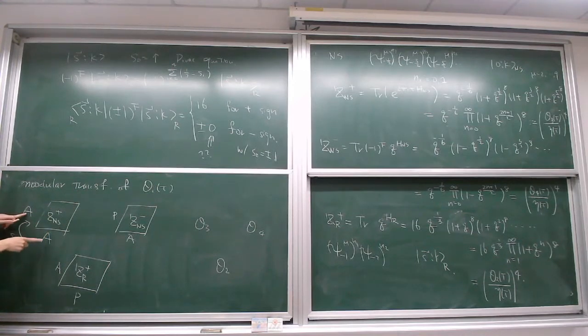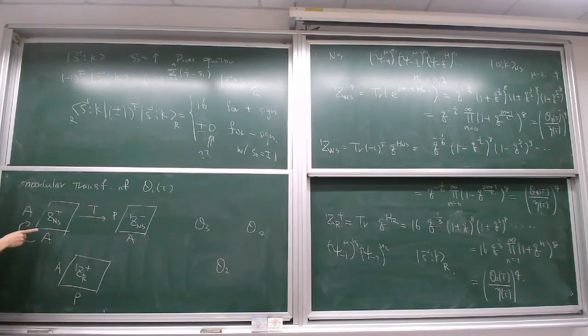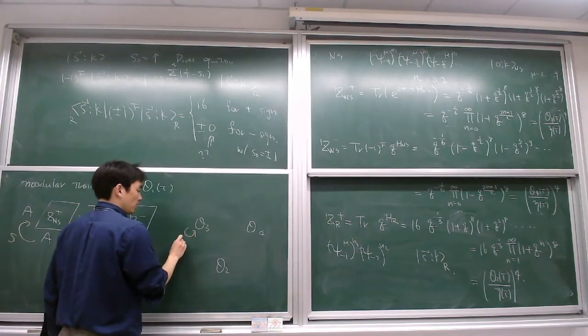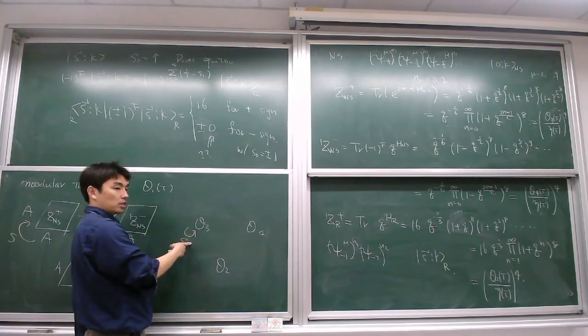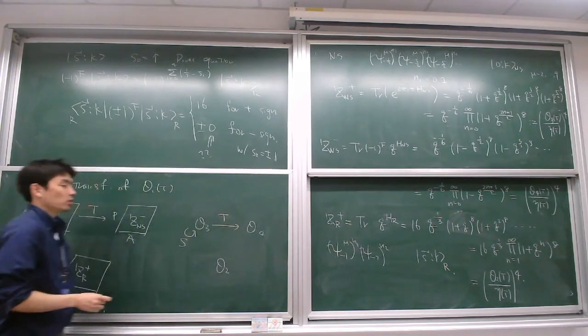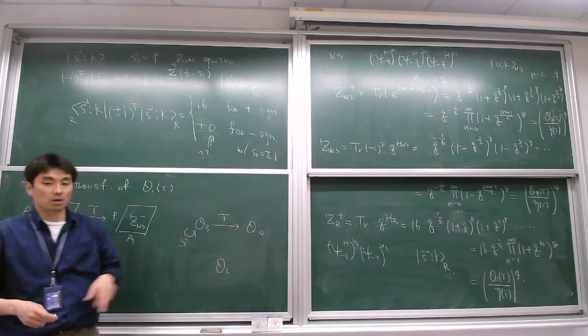And the anti-periodic minus times minus will give you plus, right? So it becomes periodic if you do the T transformation. Therefore, if you do the T transformation, the partition function will modify to periodic. Therefore, theta 3 is indeed invariant under the S transformation up to some factor. And once you apply the T transformation, theta 3 is transformed to theta 4.